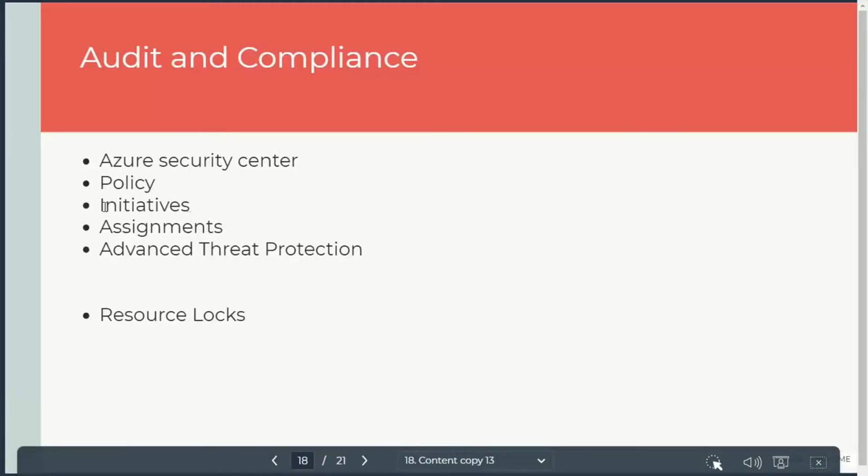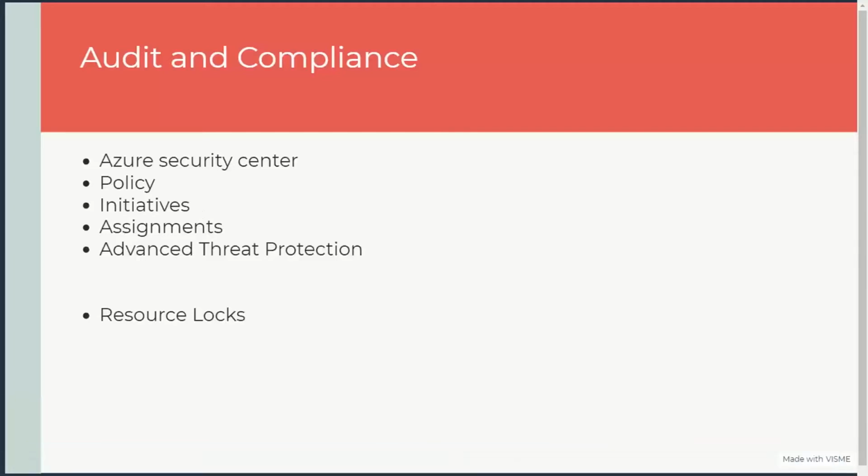Then an initiative means you can group a number of policies and assign them to a particular subscription. For example, in your organization there will be many kinds of data classification, such as sensitive, restricted, confidential, public, and internal. For each pattern you can create initiatives: create a set of policies and group them under the initiative.